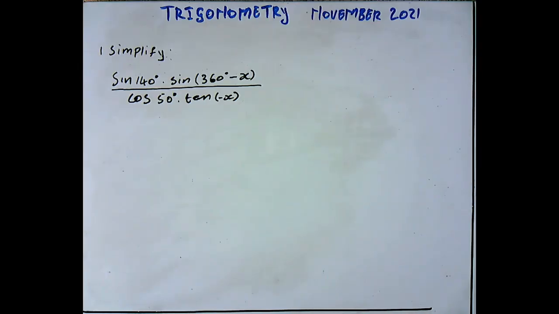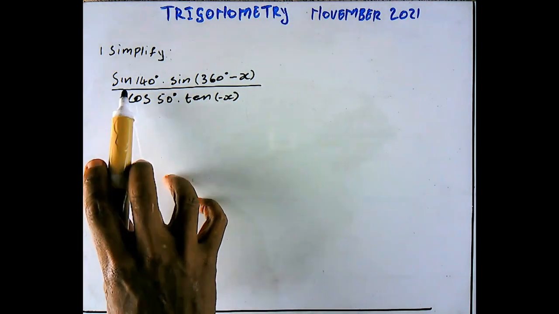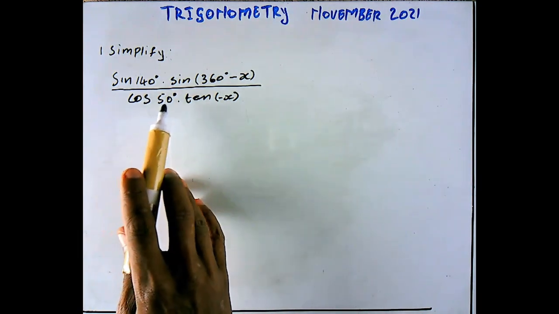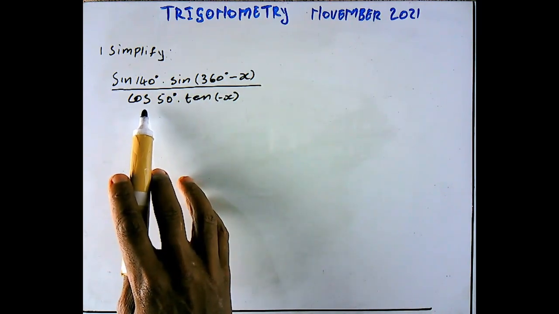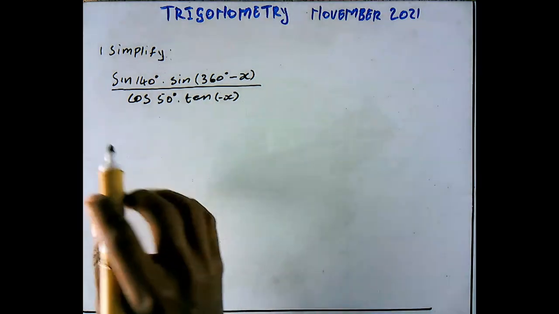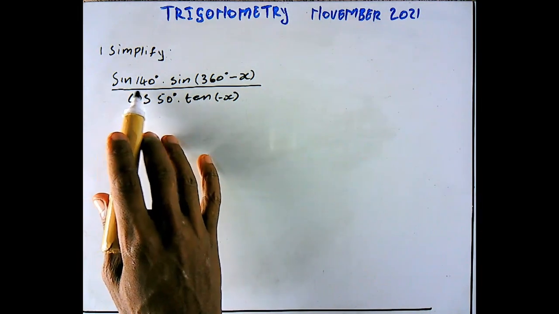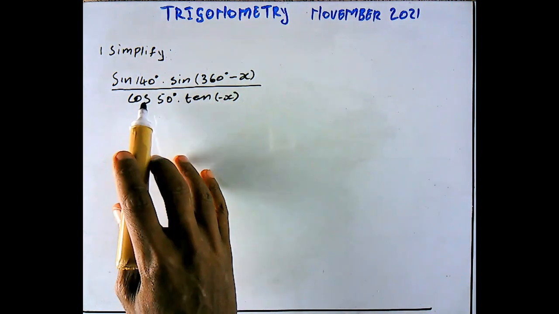To solve this expression, we have to expand, we have to reduce, and somewhere we have to equalize with identities.